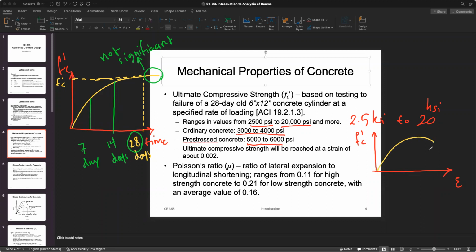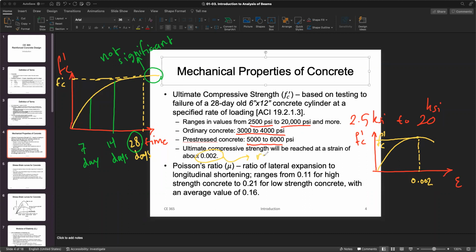So it goes something like this. On the top is the highest strength, the ultimate strength of concrete, this is F prime C that we are looking for. Usually on the strain of 0.02, we will reach that.